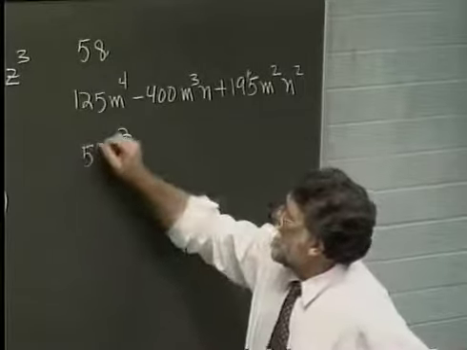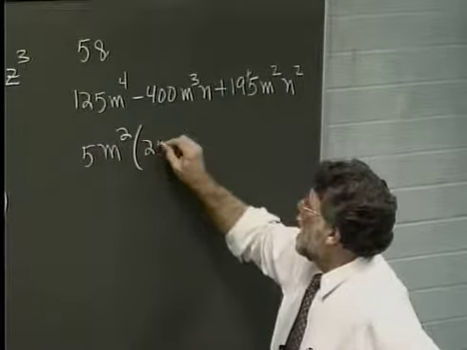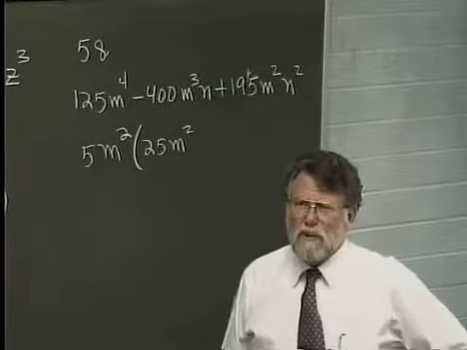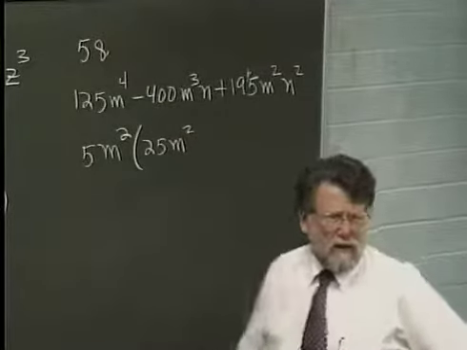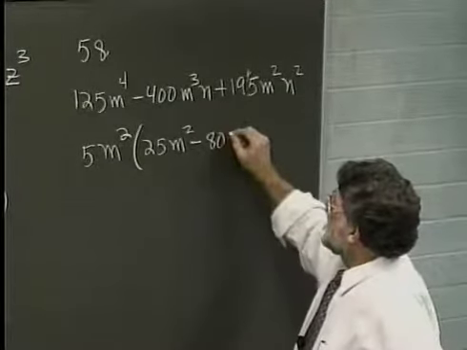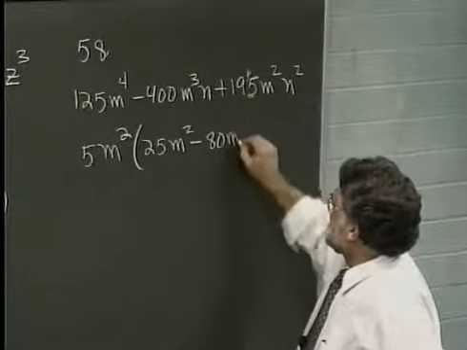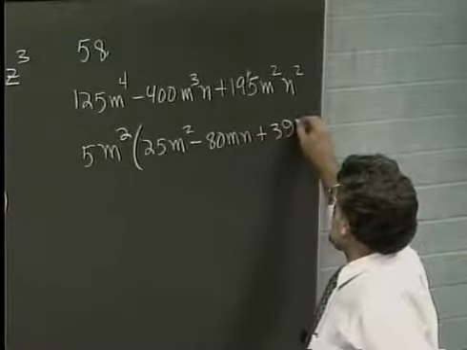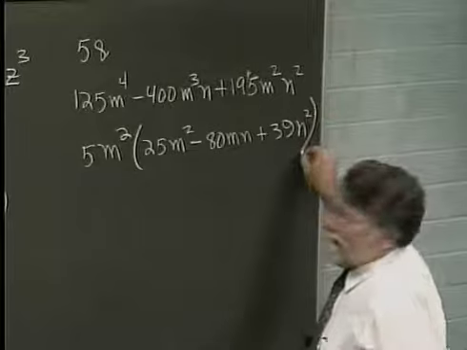So it looks like a 5 is it. And I have 25m to the second. I don't know if this is good or not, because what am I seeing? A perfect square. But that's okay. Then minus 80mn, and then plus 39n squared. That's good.